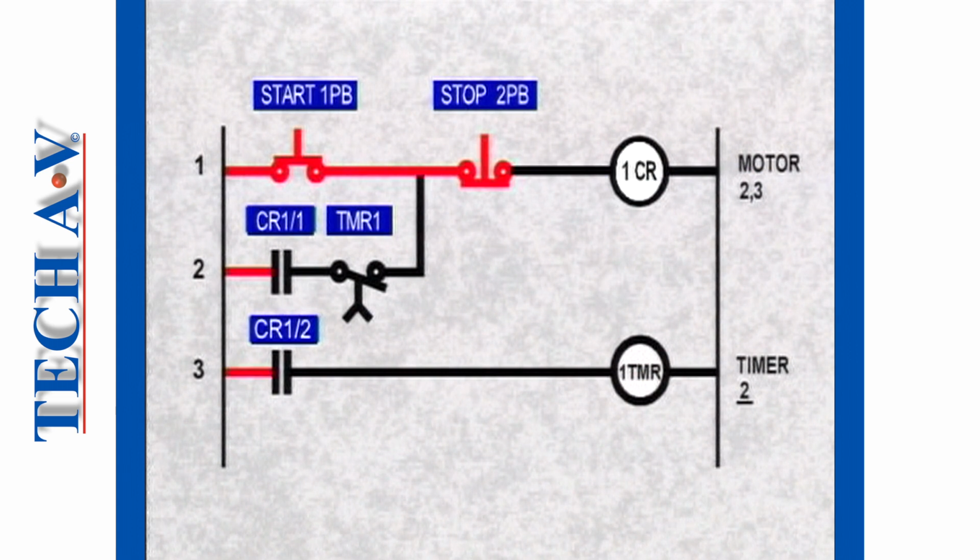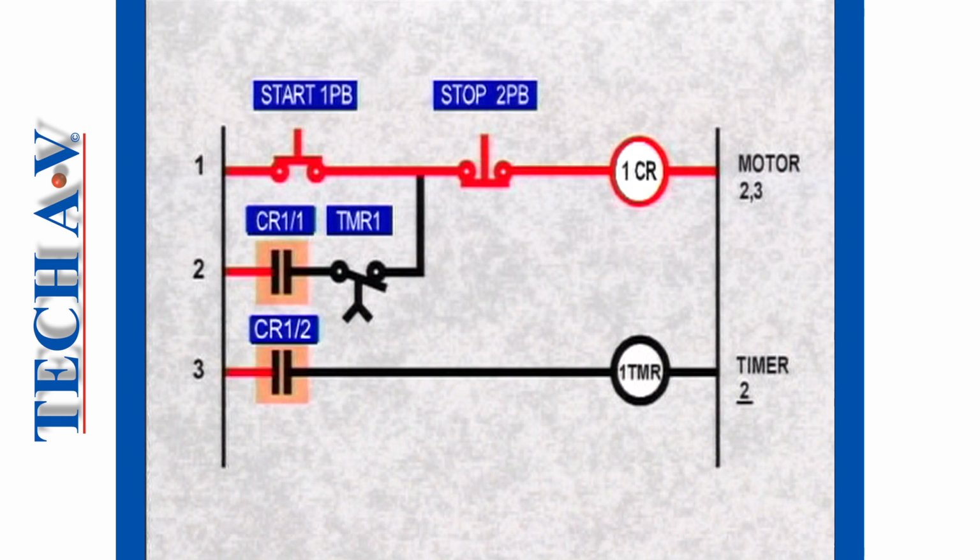The stop switch is inactive, so its contacts remain in their inactive or normally closed position. The circuit is complete and power flows through these contacts across the rung to the motor control relay, energizing the coil.